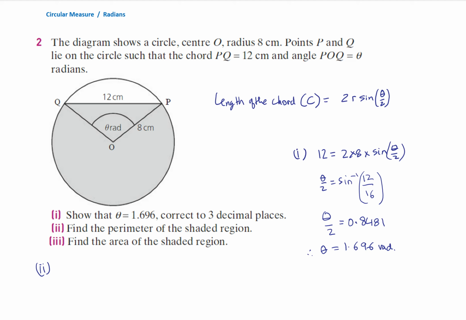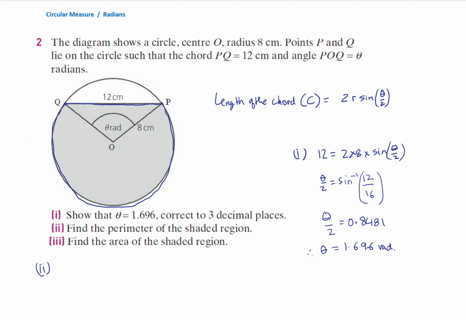For part 2, find the perimeter of the shaded region. So the perimeter of the shaded region is the length of the major arc plus the length of the chord.